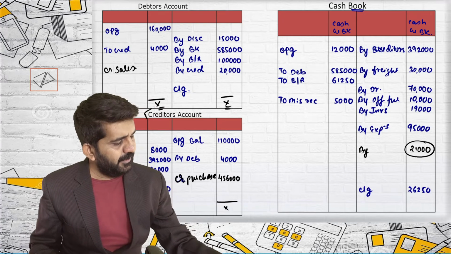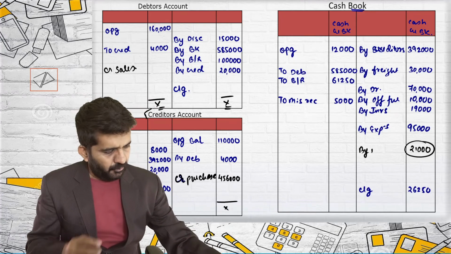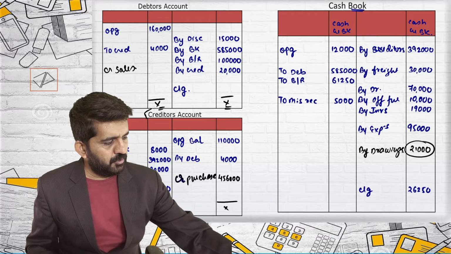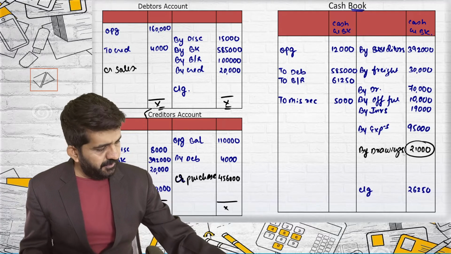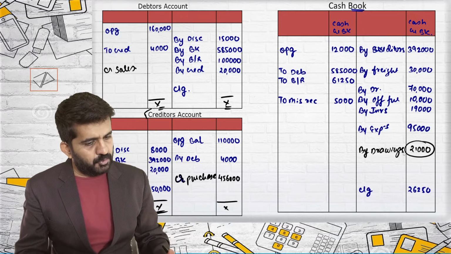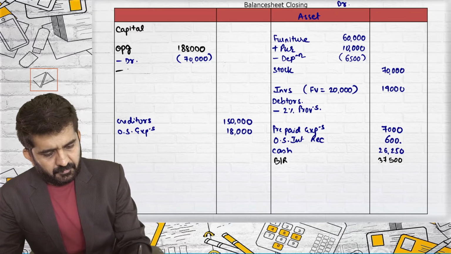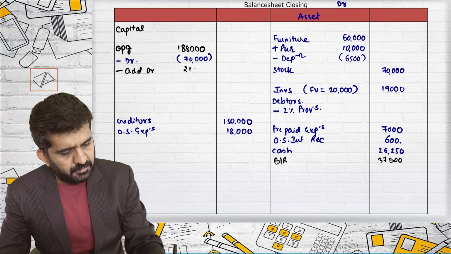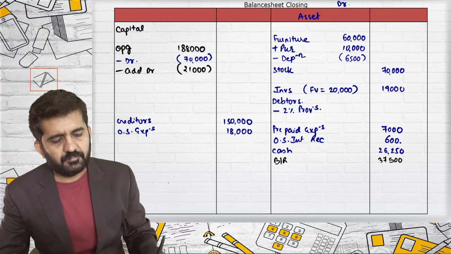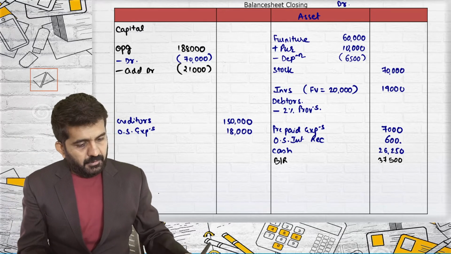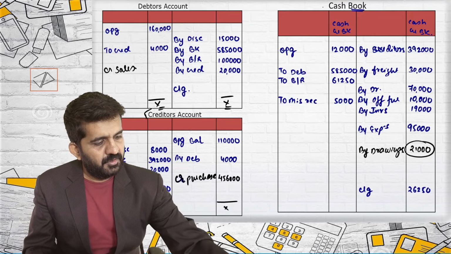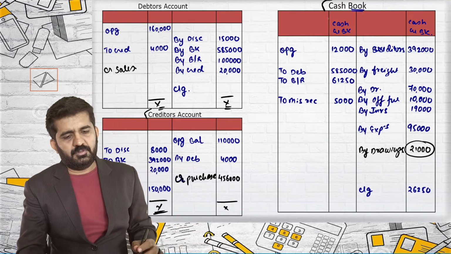It is by drawings, additional drawings, which is 21,000. Second effect will be drawings will be reduced from capital minus additional drawings, 21,000. So even my cash and bank account is solved.